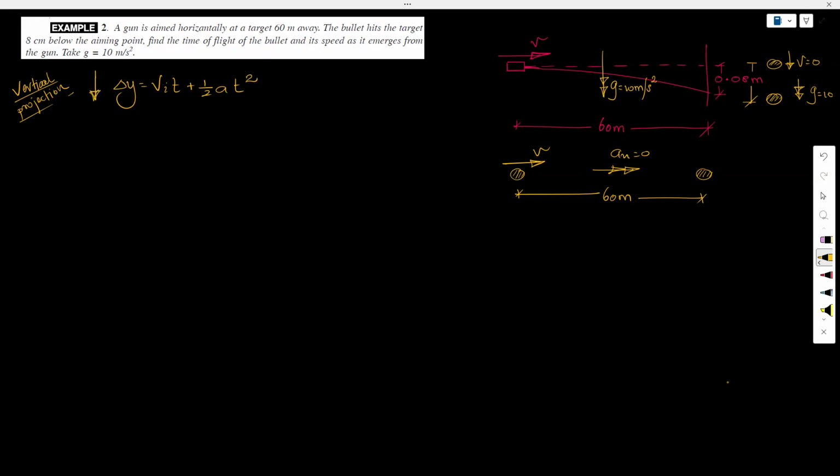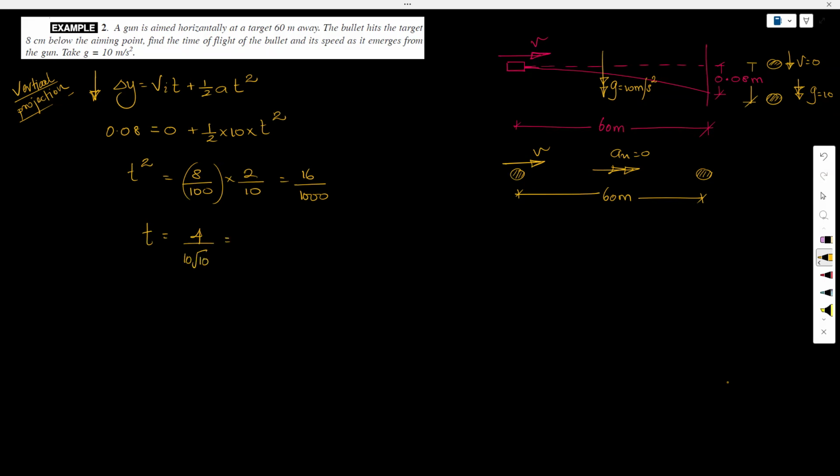So the displacement is downwards, which is 0.08. Initial velocity is 0 plus half, acceleration due to gravity is 10, and t squared. So t squared equals 0.08 times 2 divided by 10, which is 16 divided by 1000, right? So t is going to be 4 divided by 10 root 10.